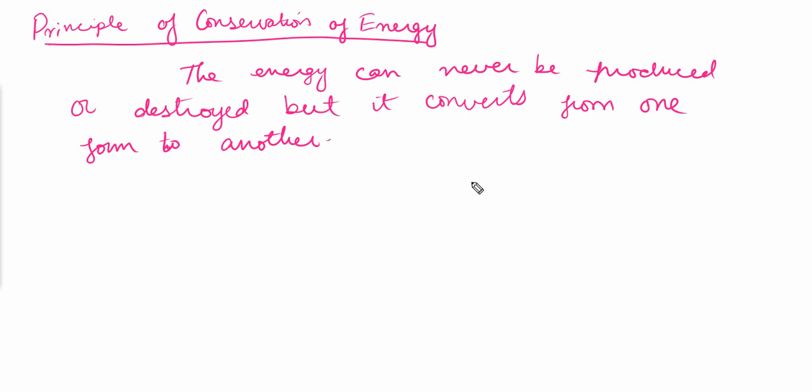When we produce the energy from the wind, then the kinetic energy of the wind converts into the mechanical energy, and the mechanical energy then converts itself into the electrical energy. So this principle of conservation of energy is valid on all the practical examples, on all the daily life examples, that energy can never be created nor destroyed, but it converts itself from one form to another.